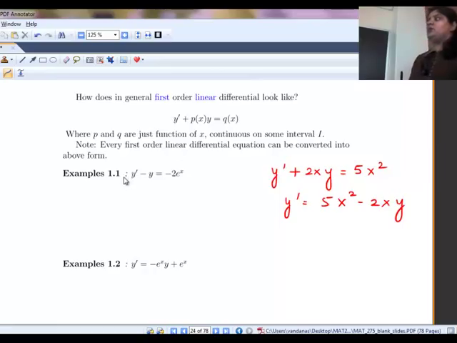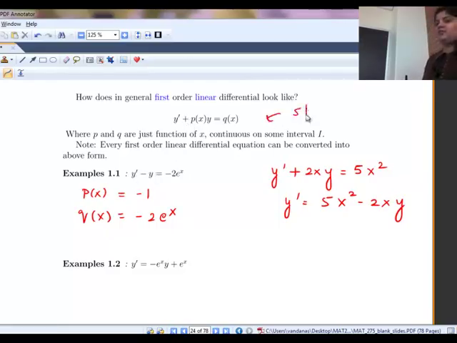Okay, so what is p(x) in this differential equation? If you compare with the above, p(x) has to be -1 and q(x) has to be minus 2e to the x. The coefficient of y is your p(x). This is also called the standard form.